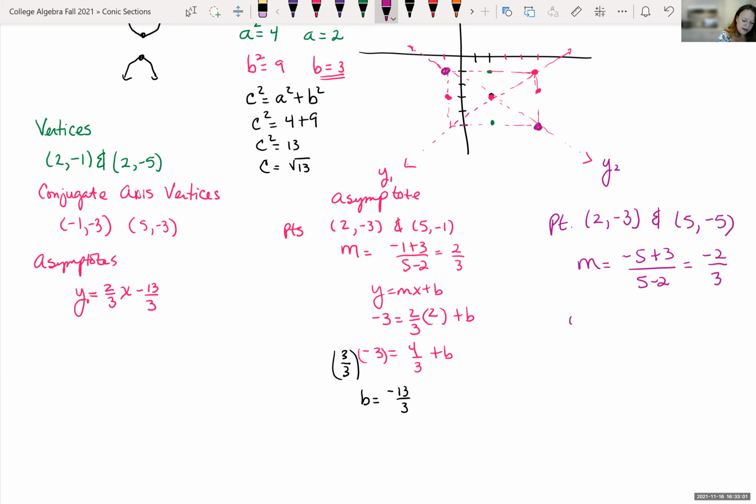Okay, so plugging things in to figure out what b is, I need to plug in my point. Let's do the first point. We have y is -3, equal to my slope -2/3 times x, which is 2, plus b.